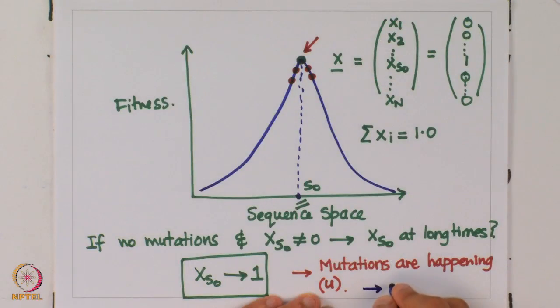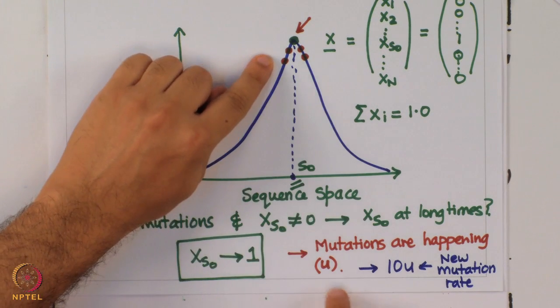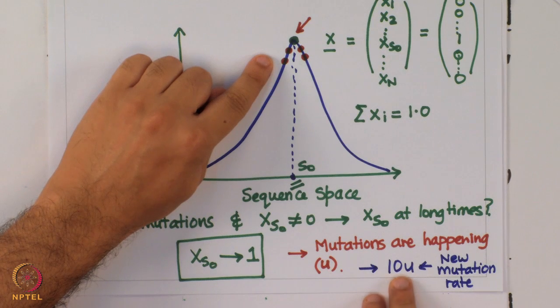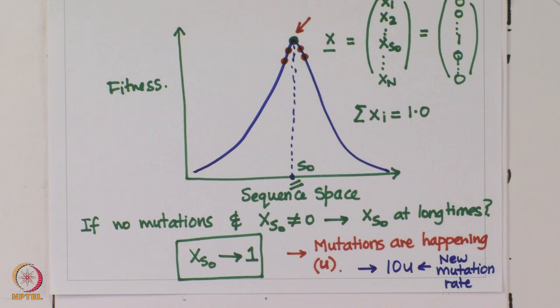Now, we want to go even further. What happens if the mutation rate is now 10 times mu? This is my new mutation rate. What would happen at the steady state in a scenario such as this, where if this was the steady state corresponding to mutation rate mu, now the new mutation rate is 10 times mu, what would be the corresponding steady state?